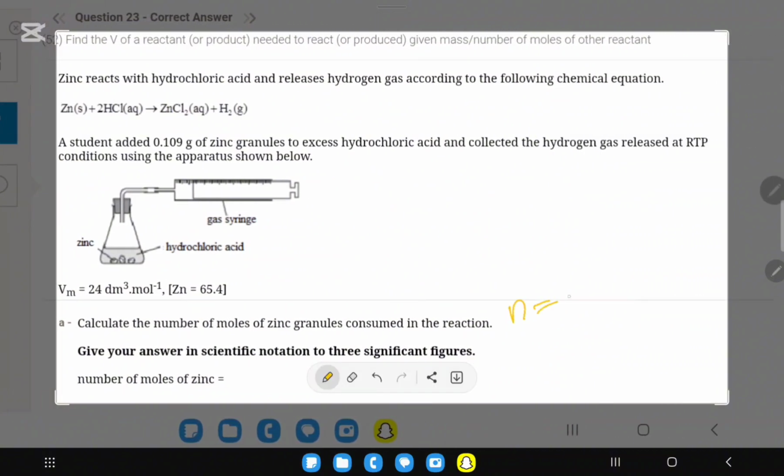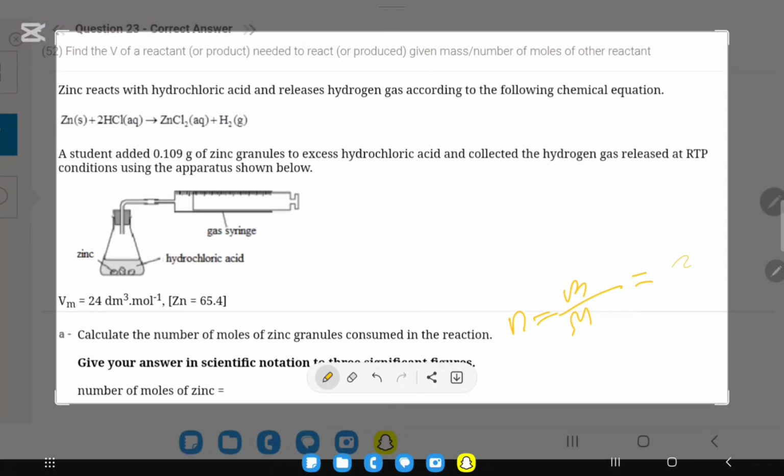We have number of moles is m over M. Here m is 0.109 over the molar mass 65.4. You put it in your calculator, 0.109 divided by 65.4.